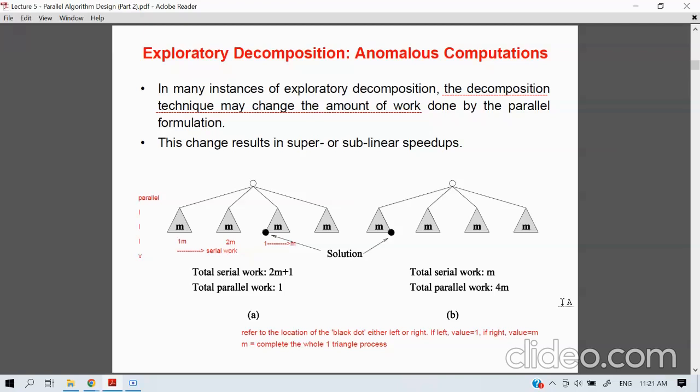To consider the total parallel work, you need to look at the circle, where it is located, either the left or the right. Any answer?